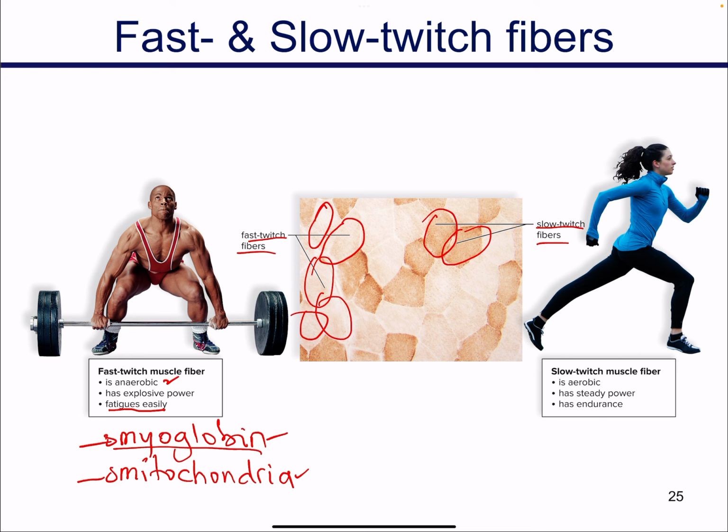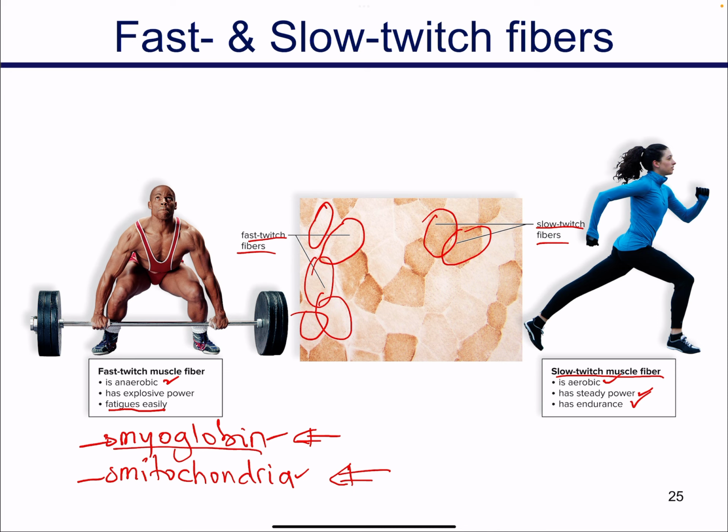The slow twitch fibers are going to rely on aerobic cellular respiration for energy production, has a steady power, has endurance, so you can run for hours, right? Okay, now why are they dark? They are dark because they contain a bunch of myoglobin and they contain a bunch of mitochondria.